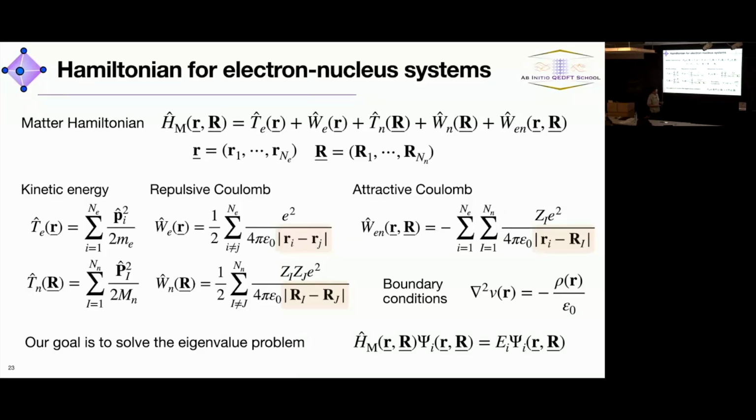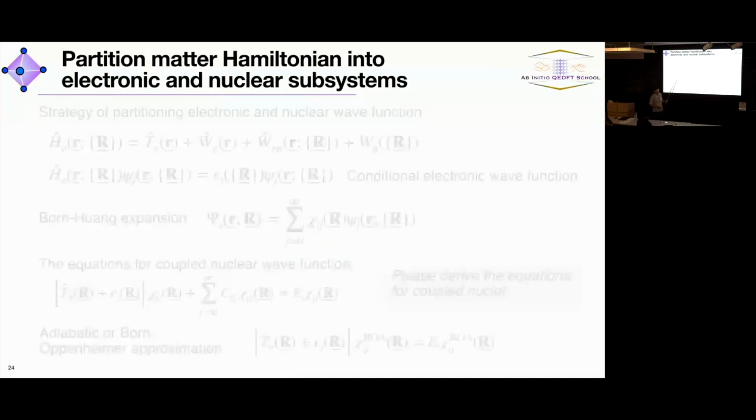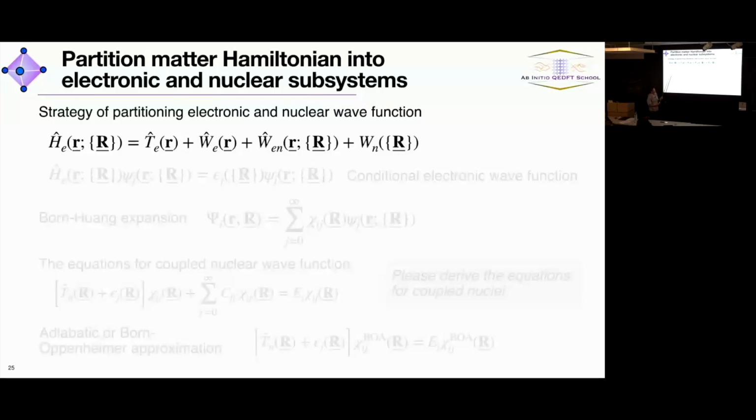Okay, so now once we have this big master, the first thing is that we want to partition this electron and nuclei system into subsystems. The way we do it is we collect all the quantities related to the electrons into a Hamiltonian. Here we have a kinetic energy for electrons, Coulomb interaction, electron-nuclei interaction, and also nuclear interaction.